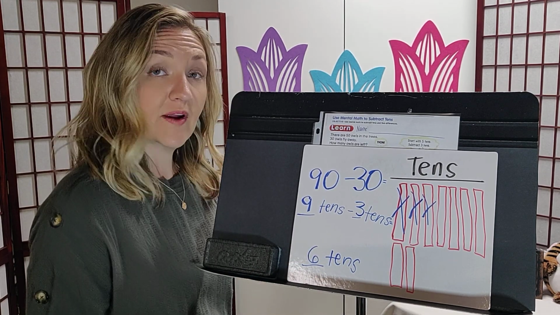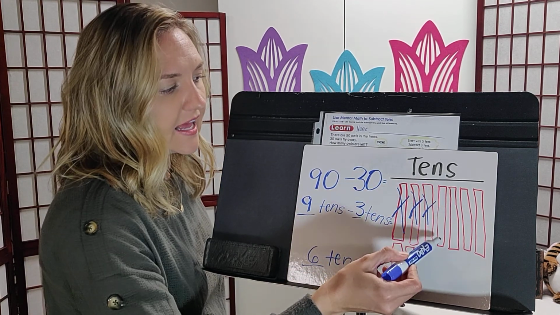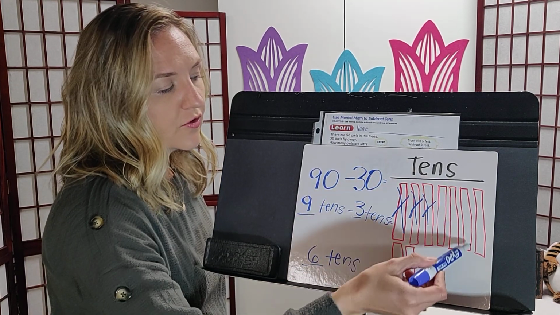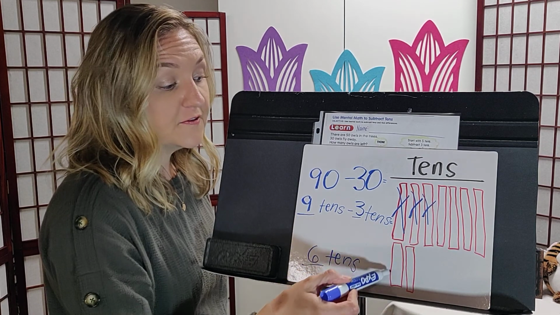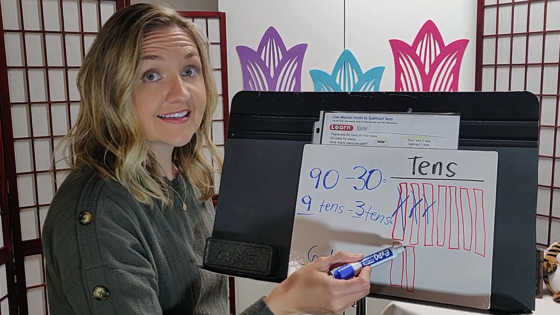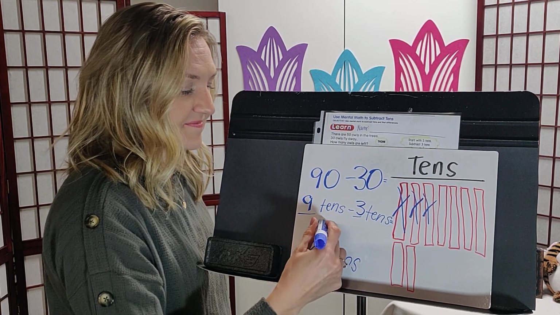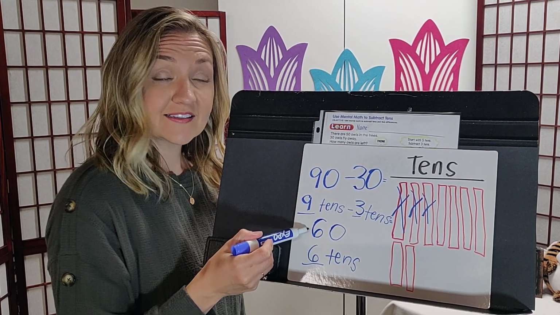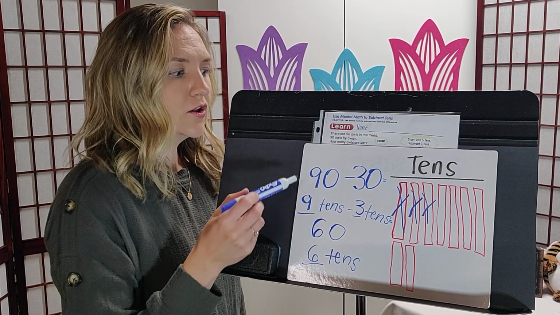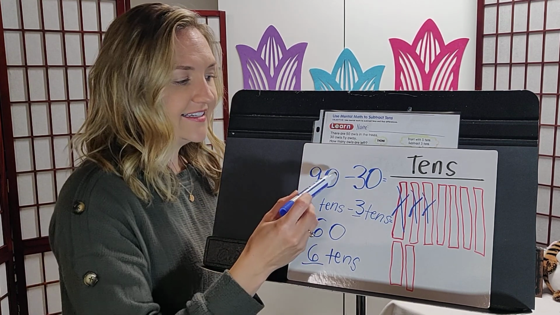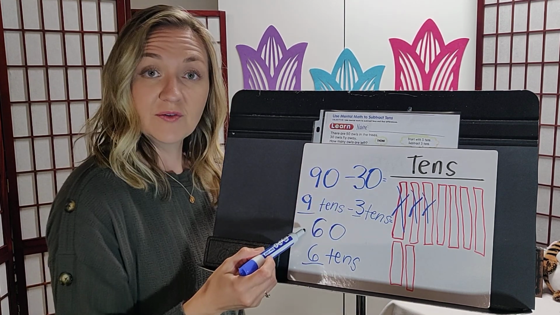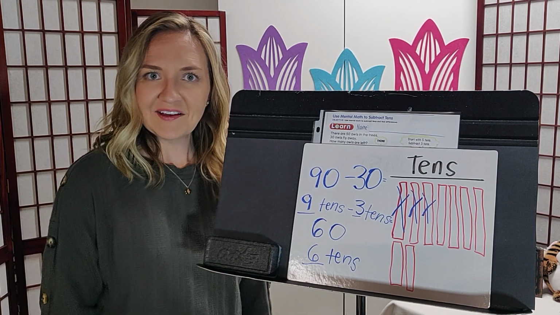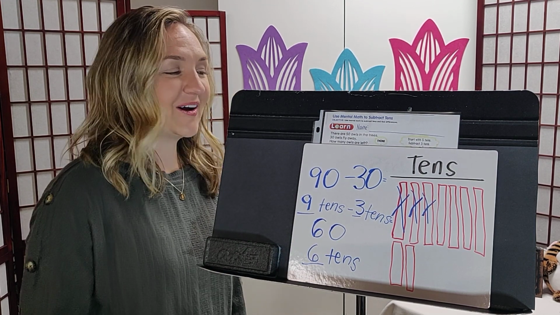Let's count them by tens. Ready? Here we go. 10, 20, 30, 40, 50, 60. 6 tens is the same as 60. Look, you were able to do it. 90 minus 30 is equal to 60. Great job.